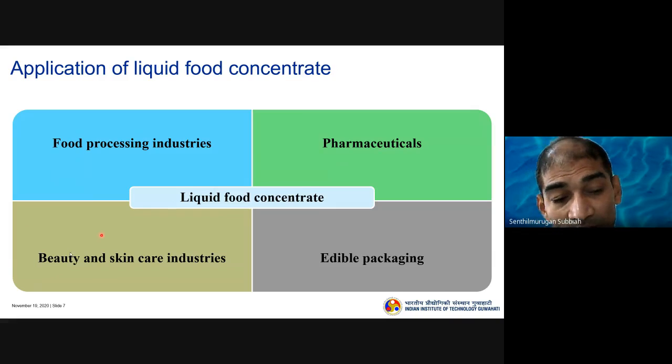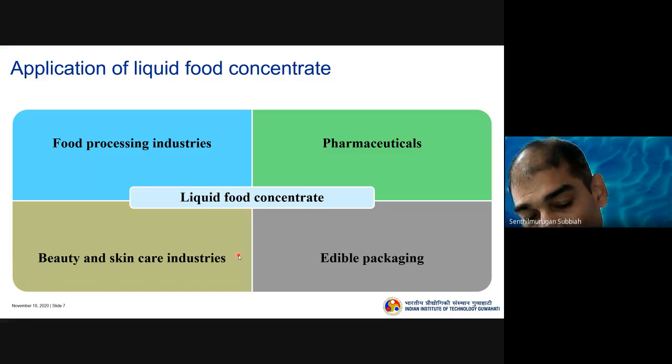Then we have the beauty and skincare industries, like aloe vera juice. There are so many things used in beauty and skincare that need to be concentrated. And then edible items, which can also be concentrated and then packed.